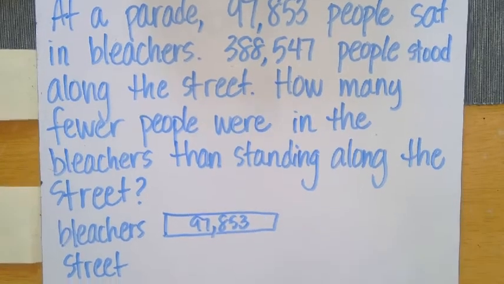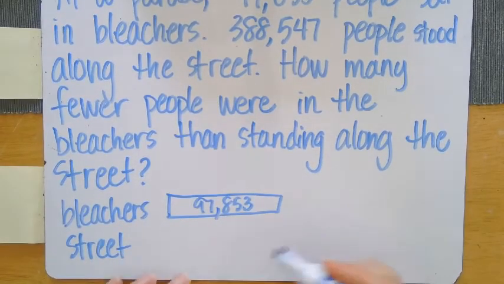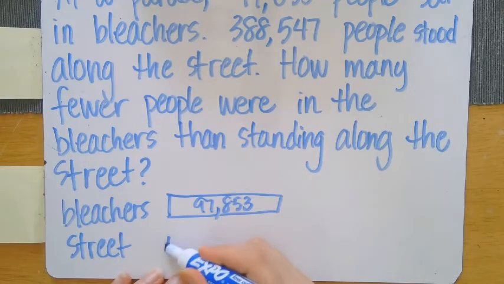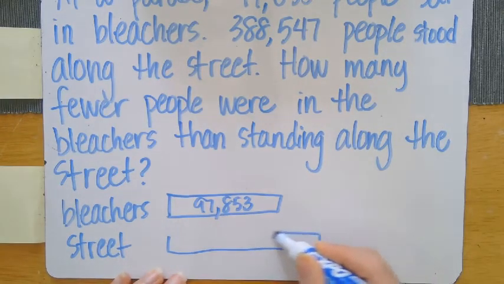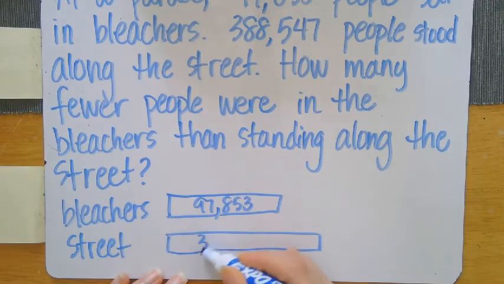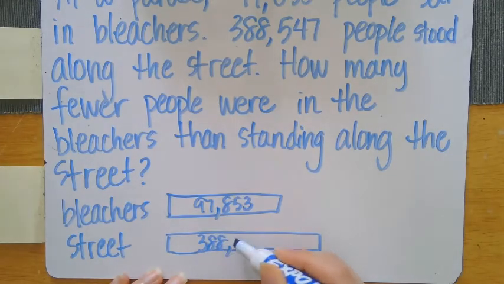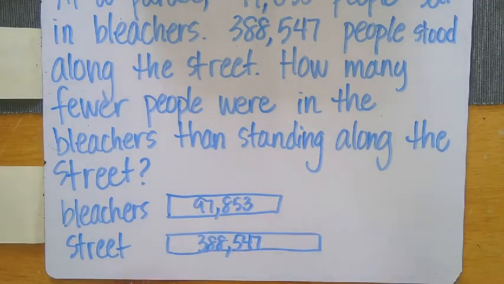All right. And how many people were standing along the street? 388,547.